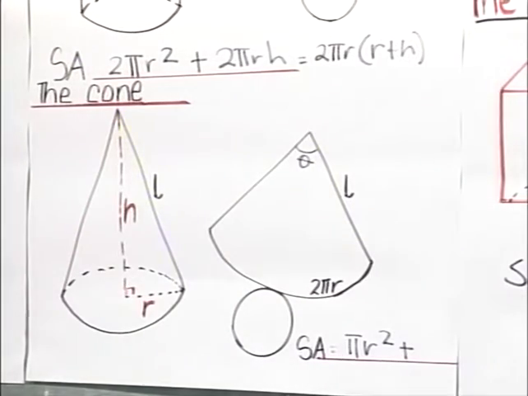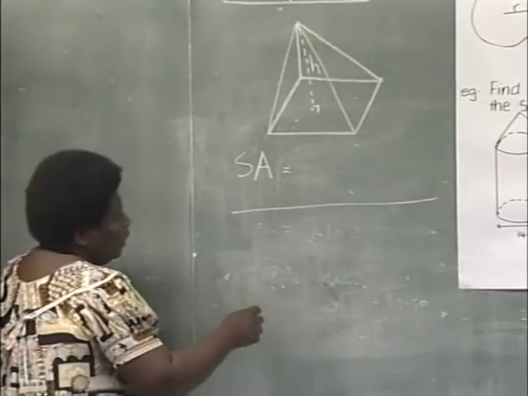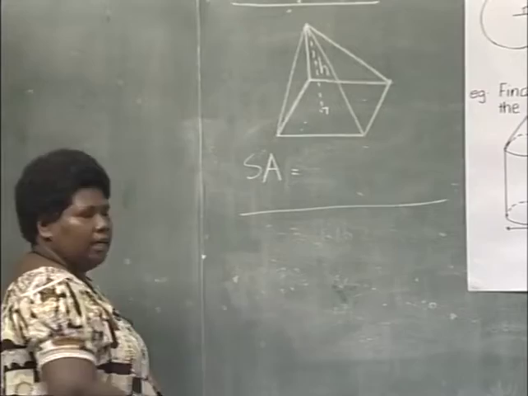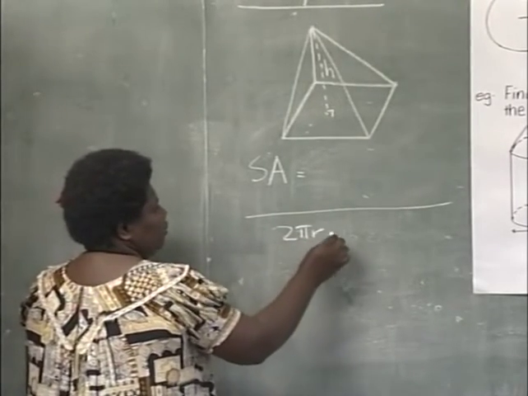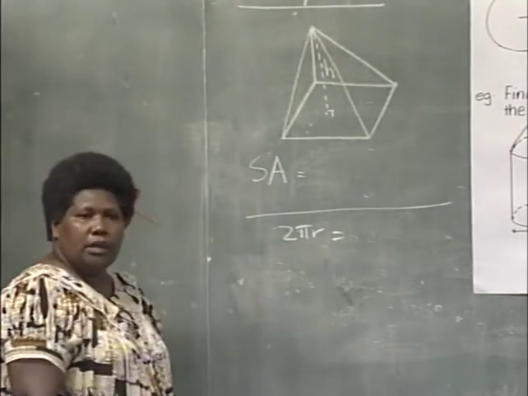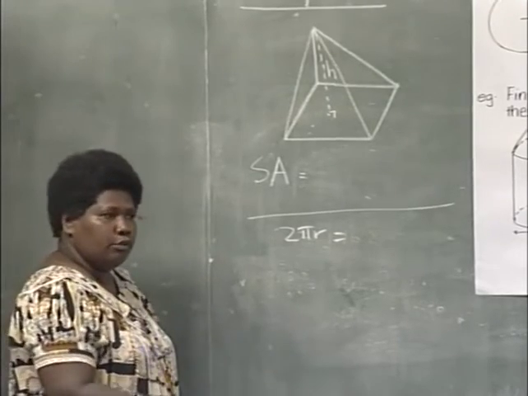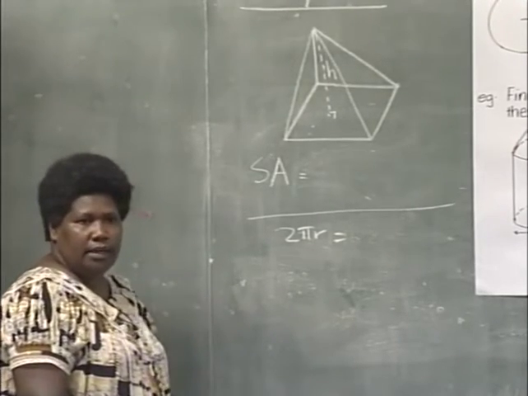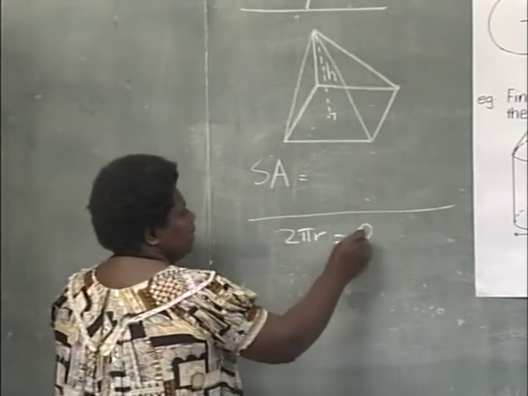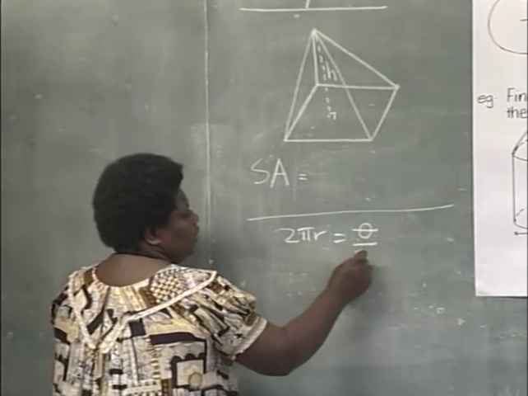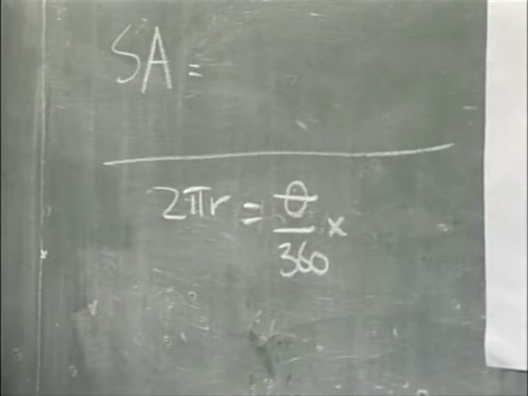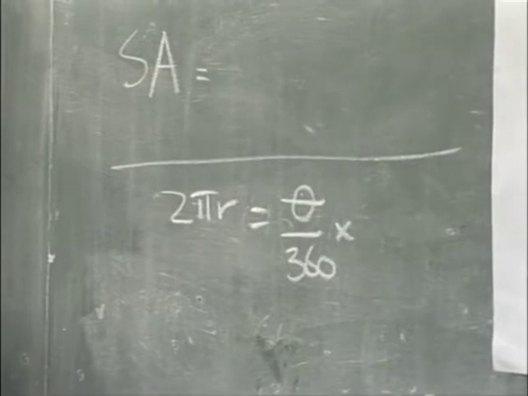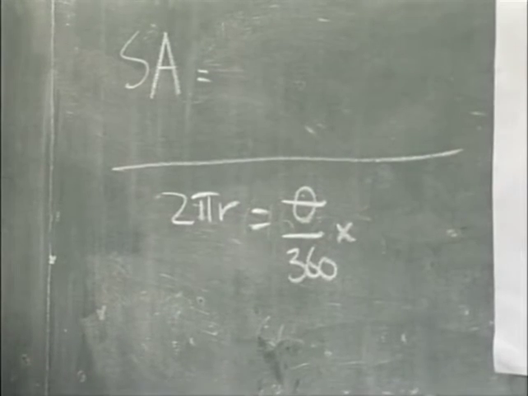So if I were to first of all find the arc length, then the arc length is actually given by 2 pi r. In a previous lesson, you were also told how you can calculate the arc length: the given angle over 360 multiplied by part of the circumference of a circle.